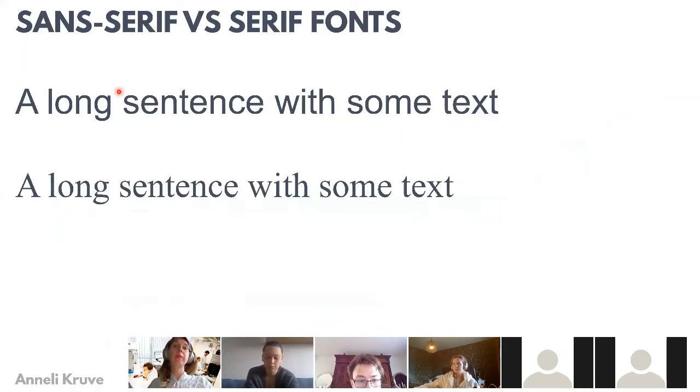Okay. And just this one same sentence in Arial and in Times New Roman, it's quite short and maybe it's not so striking, but generally serif fonts are a bit harder to read.